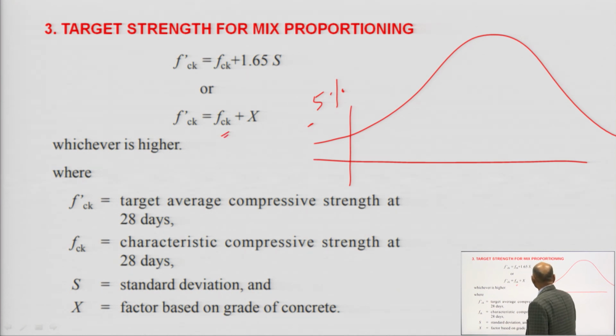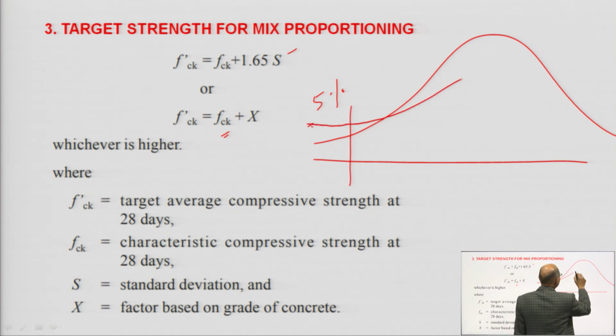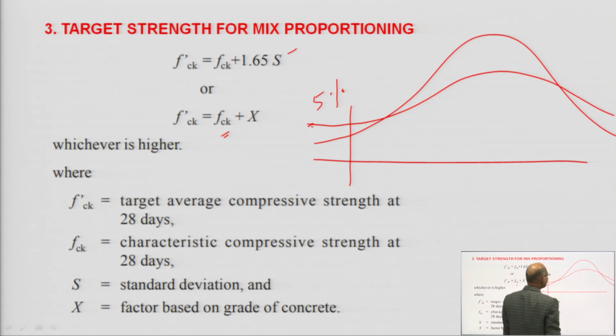If the quality of contractor is good, then the standard deviation may be low. If the contractor is not good, then the standard deviation will increase and you get a flat curve like this. Okay. So, depending on the quality of supervision, we have to adopt the standard deviation.